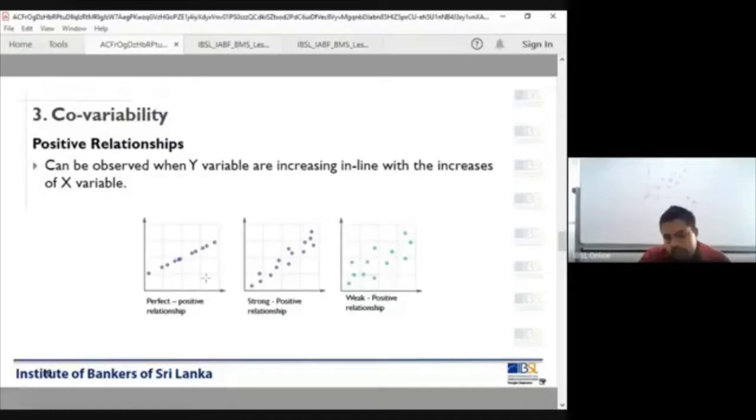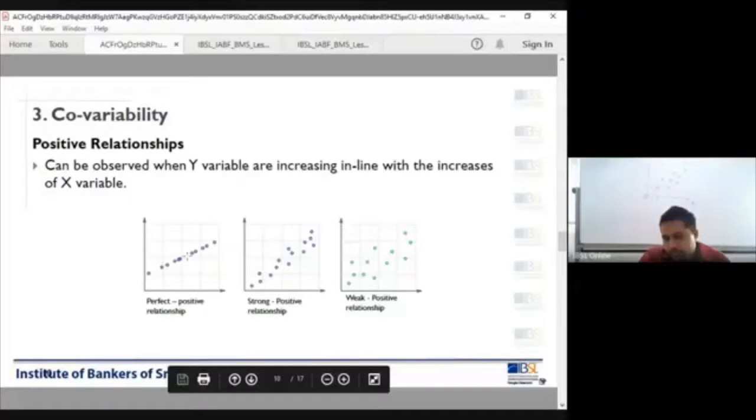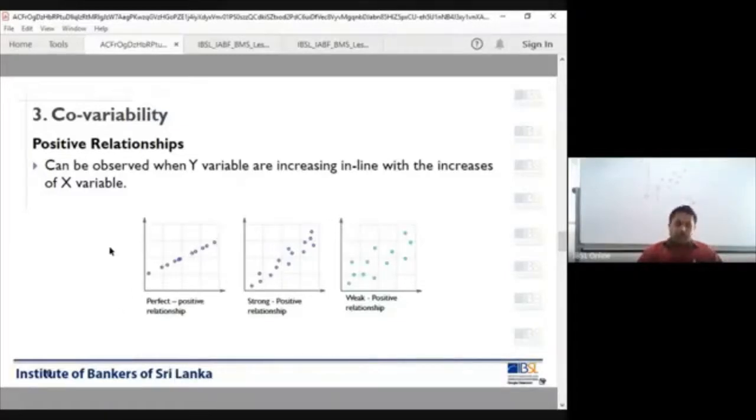So what's the whole idea? Let's say for the independent values of x and y, in this perfect positive relationship scenario, if we could identify this line y equals mx plus c, or y equals ax plus b, then for the next independent variable's value, you can predict perfectly what the value of the y variable will be. Isn't that so?